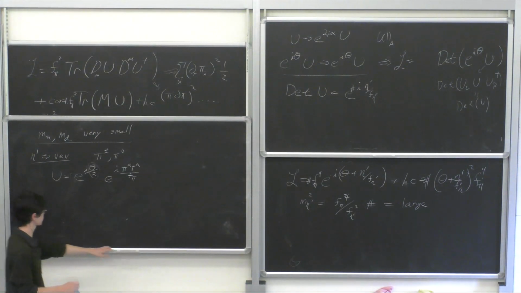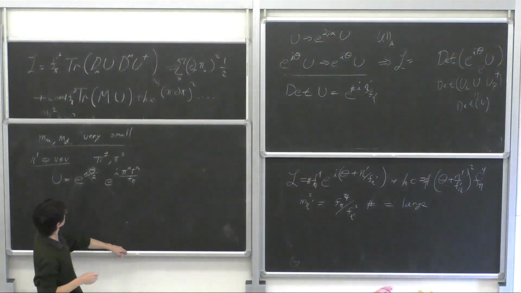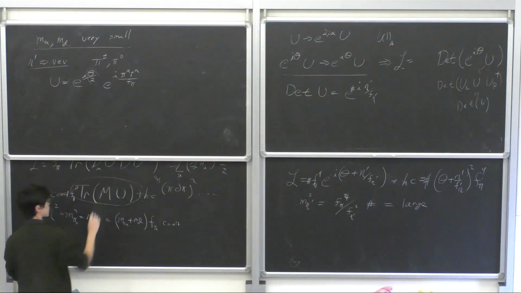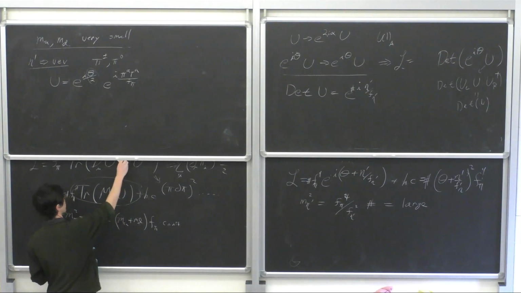Great. I can take this, plug it into that guy up there, into here, and calculate the mass, right? I don't Taylor series in eta prime anymore. I can just calculate the mass term here.